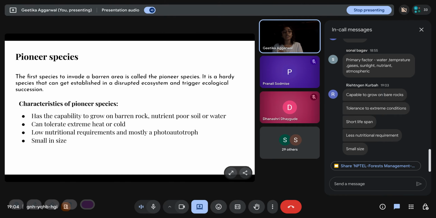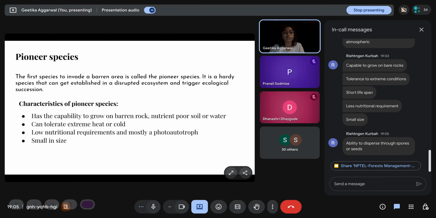But if they are short lifespan species, they'll be able to sustain on low nutrients. And because the nutrients available in this barren area are very little, it should have a low requirement for nutrients. Mostly it will be an autotroph, because if it's a heterotroph, which depends on something else, that would mean that something else should already have been available for it to be able to sustain itself.